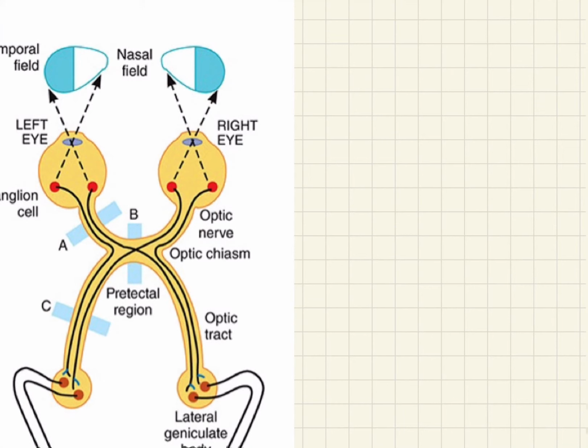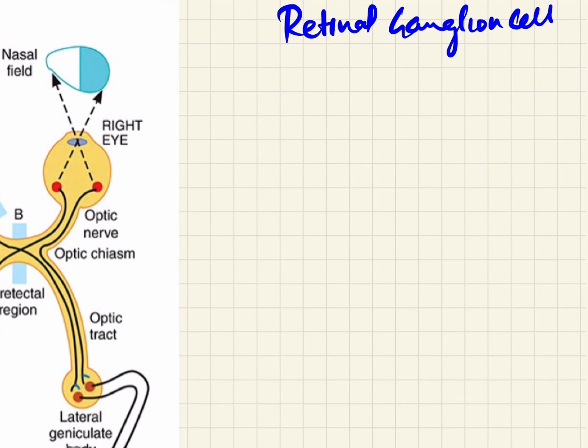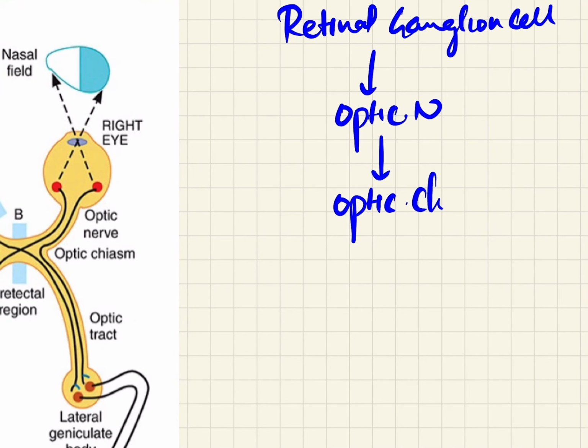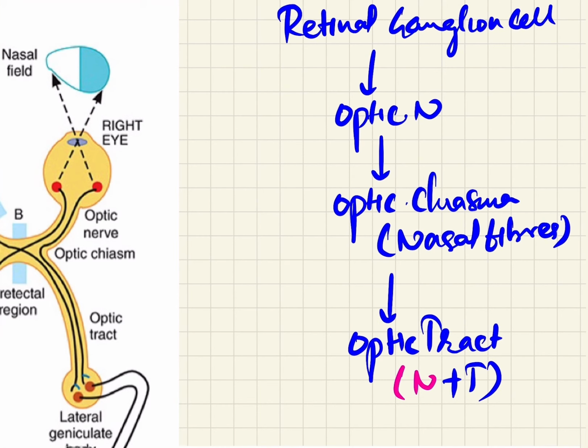So whenever you are supposed to write a flow chart, you can take the retinal ganglion cells. They will be forming, caudally, the optic nerve, and in this optic nerve, the nasal fibers only will undergo the optic chiasma, and later they form the optic tract. Now what does this optic tract contain? They contain nasal fibers of the opposite eye and the temporal fibers of the same eye.